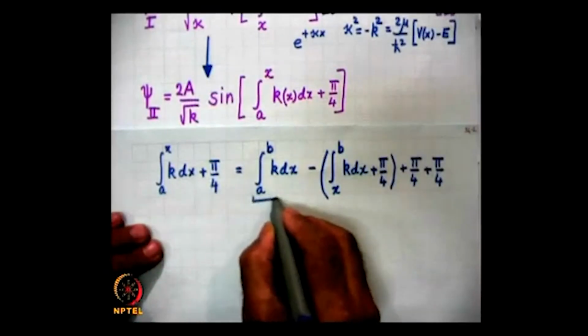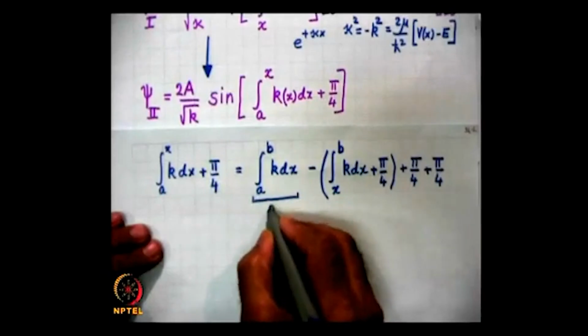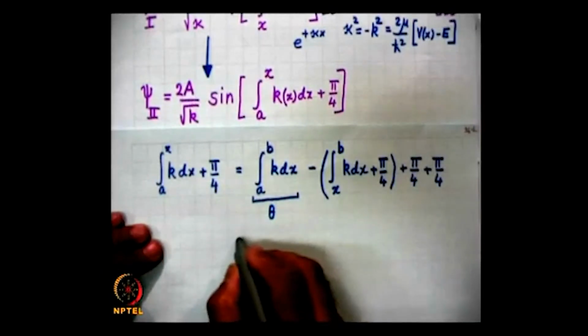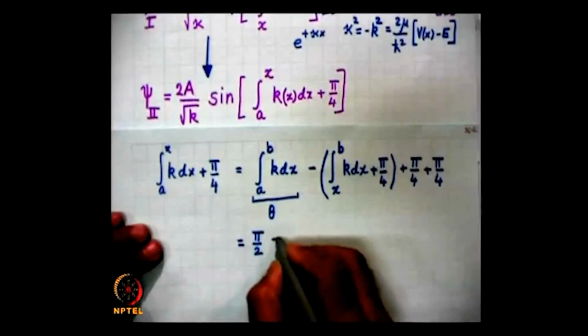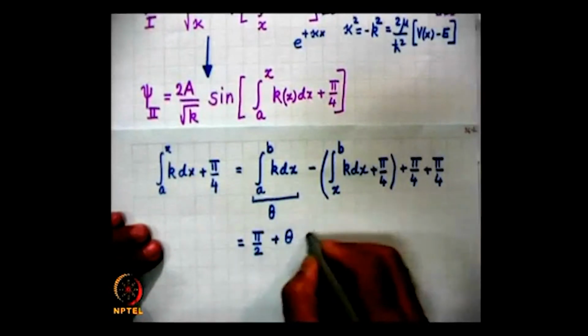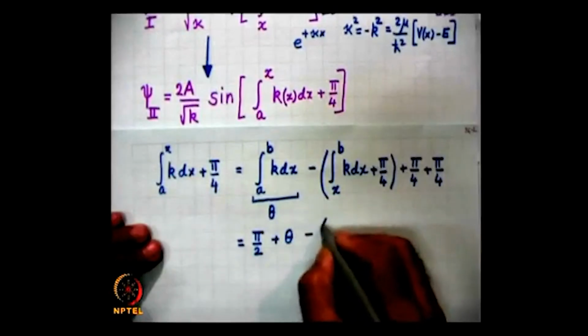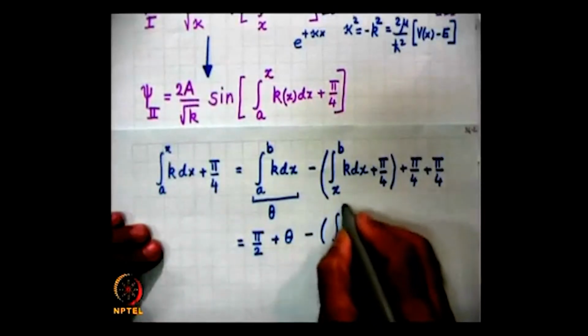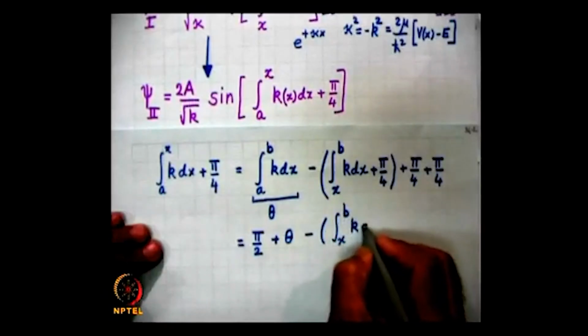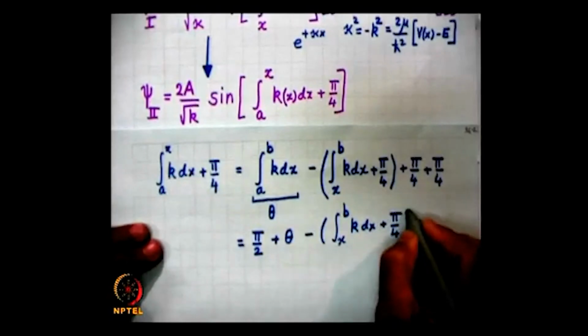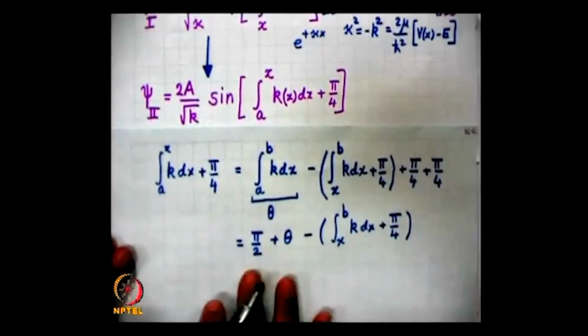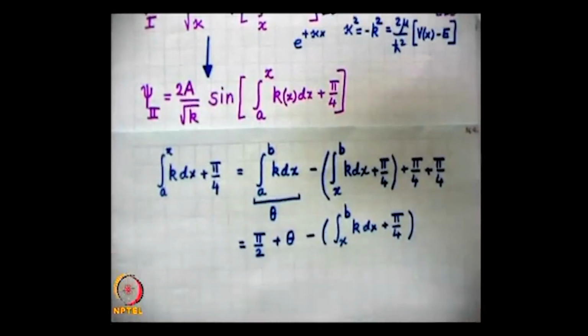So, let us suppose this I put equal to theta. So, this becomes pi by 2 plus theta minus integral x to b k dx plus pi by 4. Okay. Now, in the WKB solution, we have to take the sine of this expression.